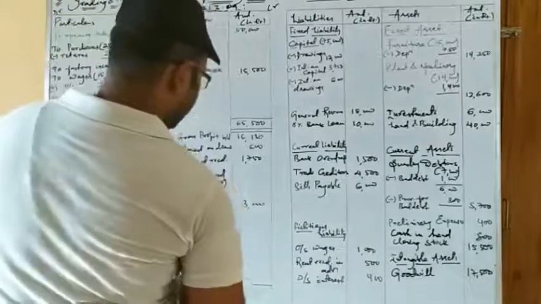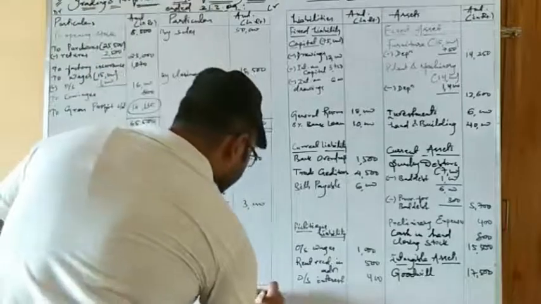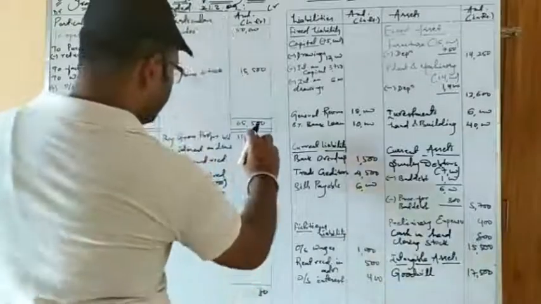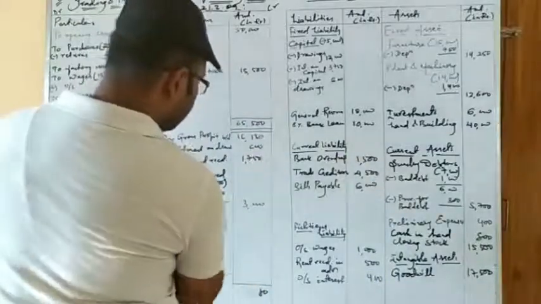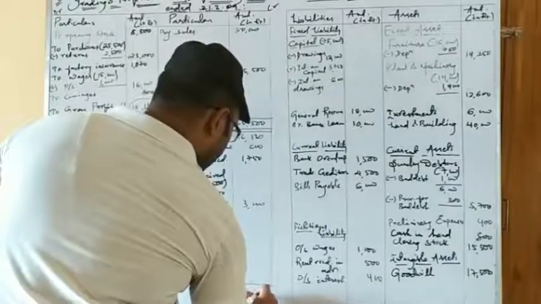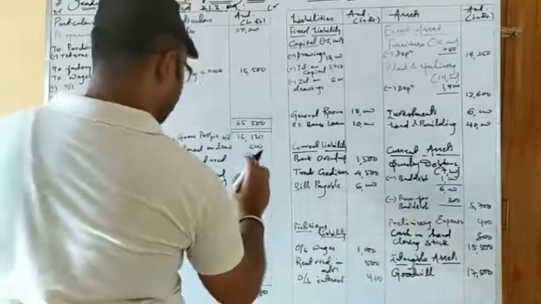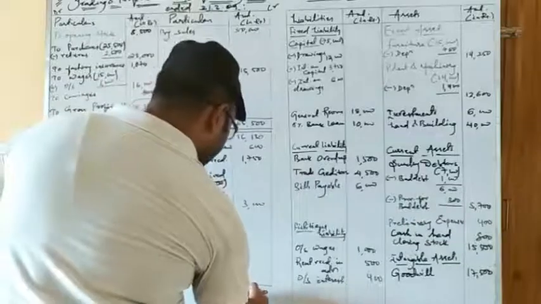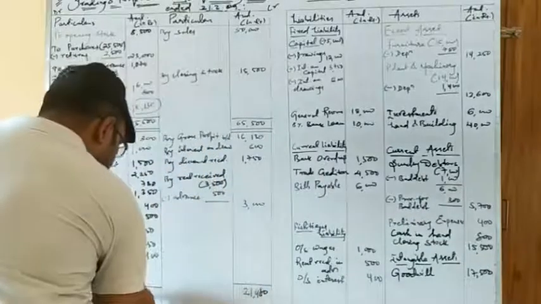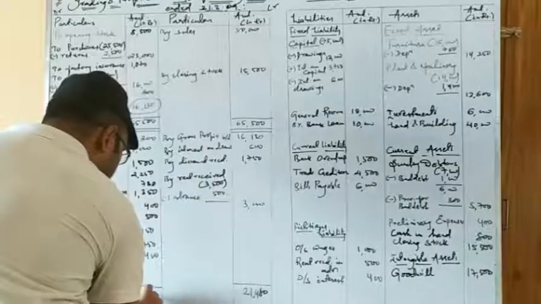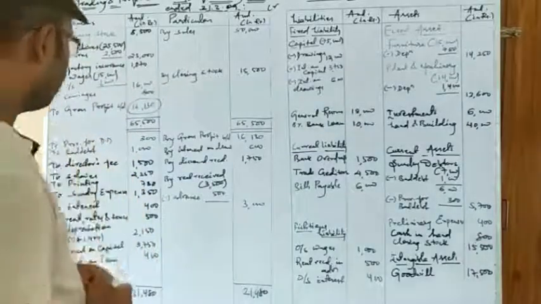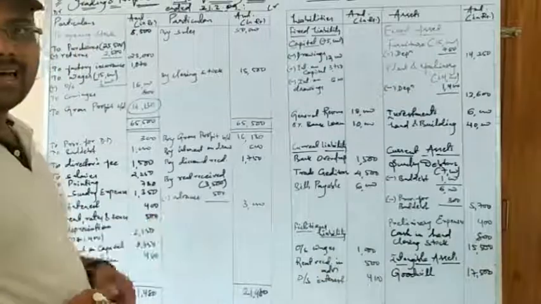So this total comes here as 358, 167, 714, 1, 134, 4156, 21. So the total comes here as 21,480. Okay, and so the net profit that you will get here is again less.